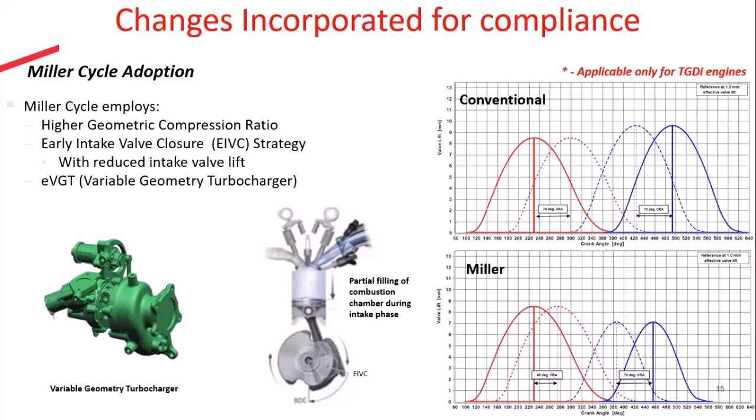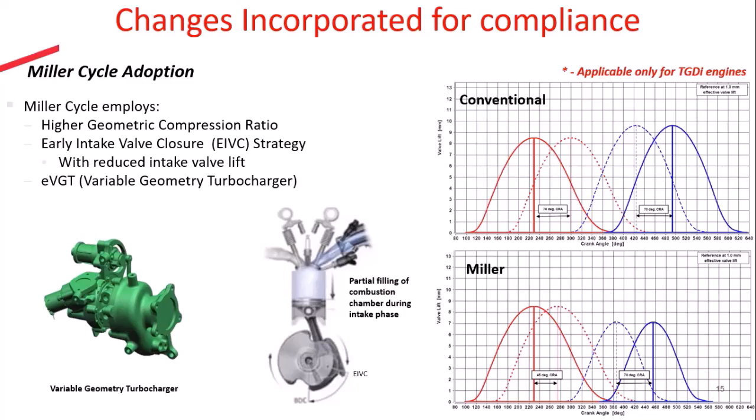So the final goal of adopting the Miller cycle is what? With respect to complying with the emission regulation, how does it make sense? It is ultimately to bring the harmful emissions lower, to bring the NOx lower.